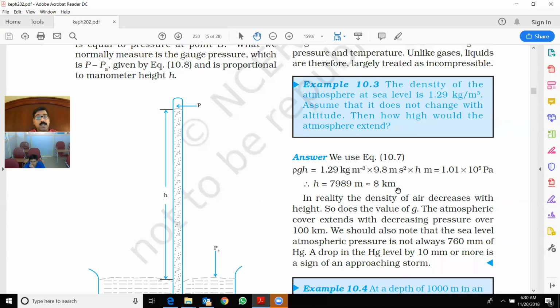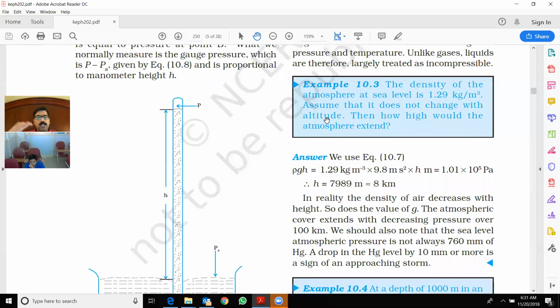But what is important here is the density of atmosphere is assumed to be constant. It is not changing with altitude. But reality is air gets rarer. The density reduces as you go up. Density will continuously change. Density of air is highest at the bottom, and it changes.